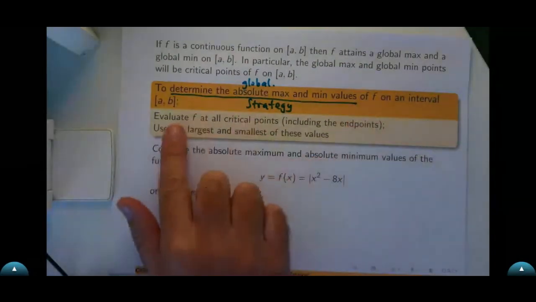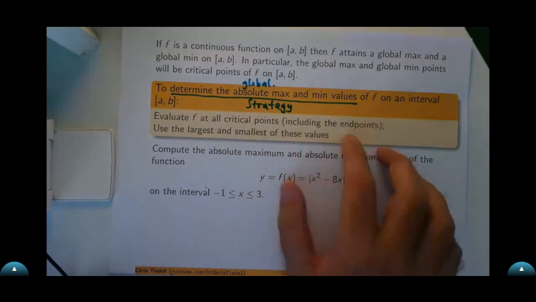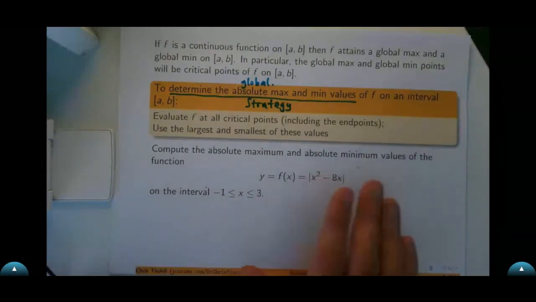So you work it out on the interval. Evaluate f at all the critical points, including the endpoints. People forget that all the time. Use the largest and smallest of the values. So you compare them, and then you make your comparison.